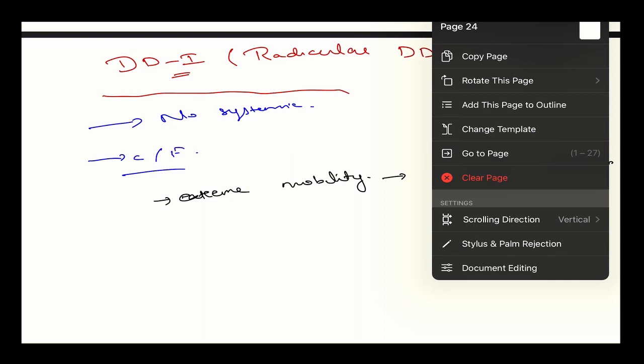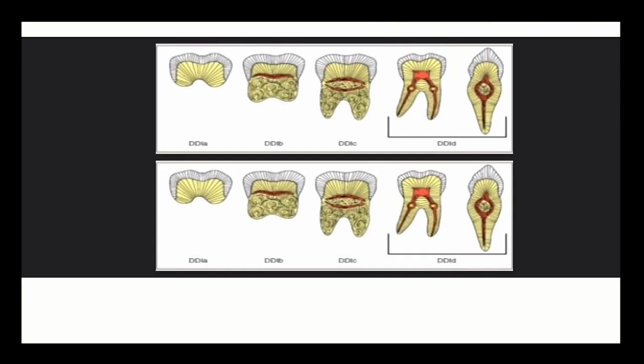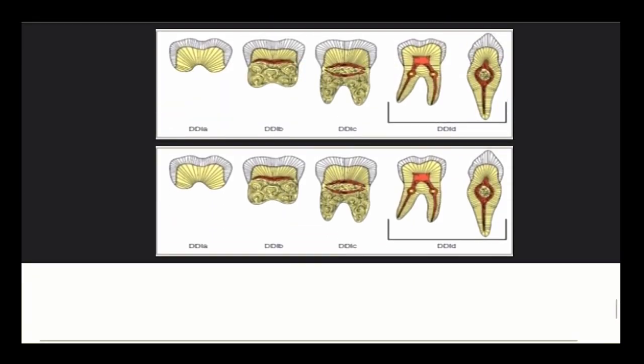I'll just show you an image. As I told you, there are 4 different types: 1A, 1B, 1C, and 1D. The pictures are self-explanatory.